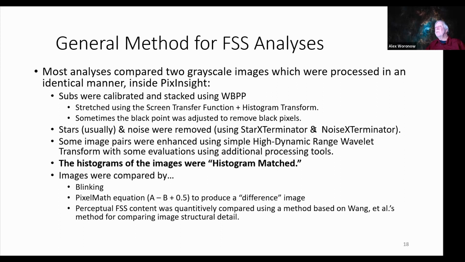It really doesn't matter in these images. They came out about the same regardless of what I used, or even if I used both of them, which is really overkill. Some images were then enhanced using simple HDR wavelets, very reproducible transforms, so that if you apply the same wavelet transform to two images, you get the same effect on those two images.